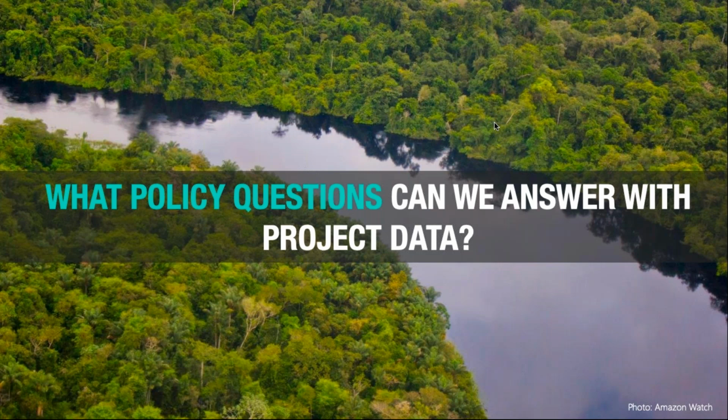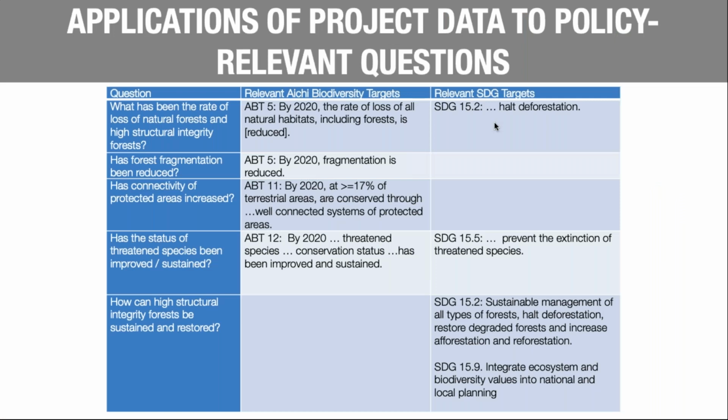The applications that we've discussed so far are highly useful, but we can also go beyond them to begin to monitor progress towards specific Aichi biodiversity targets and sustainable development goals. For each of the Aichi biodiversity targets and the SDG 15 targets that Andy introduced at the beginning of this webinar, we can ask key questions to help us chart progress.